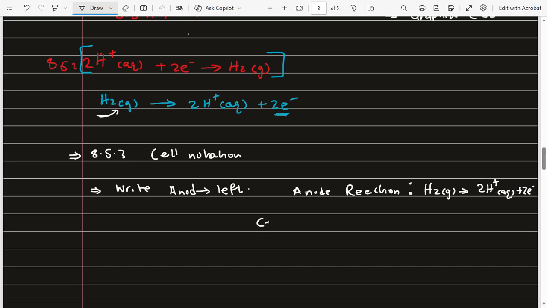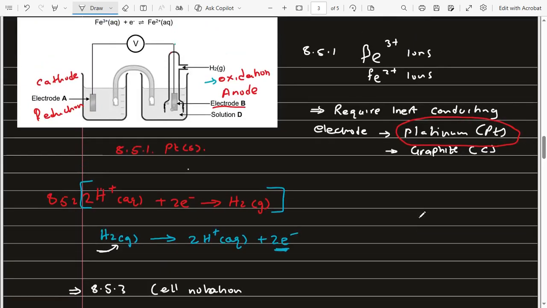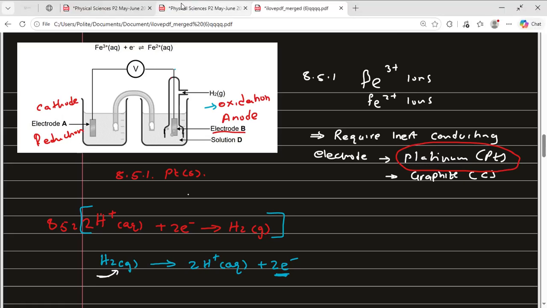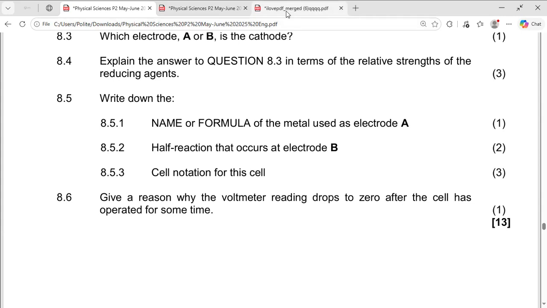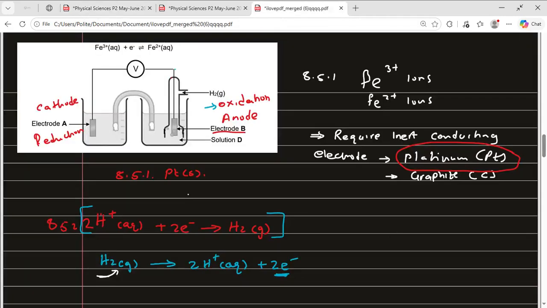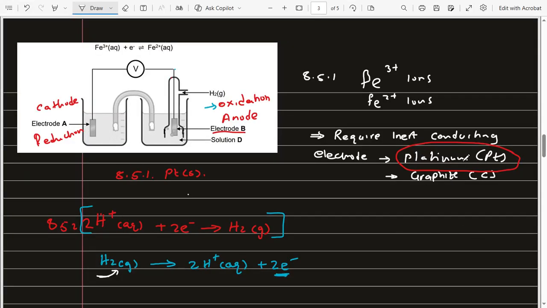So the cell notation for the anode, remember we said we write it on the left. So for the cell notation, let's go to 8.5.1. Was that 8.5.1? Yes. We're going to start with the metal. You first write the metal, okay? We said the metal is platinum and it's in solid state.